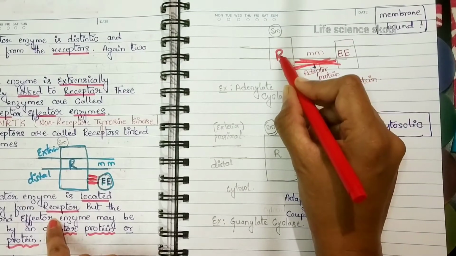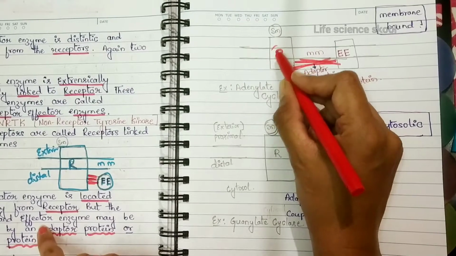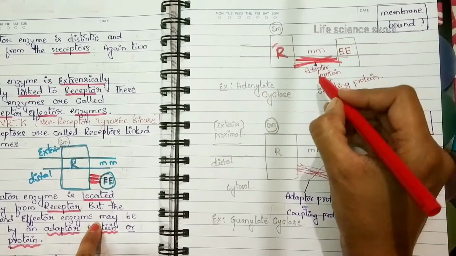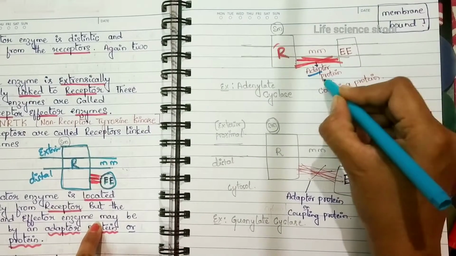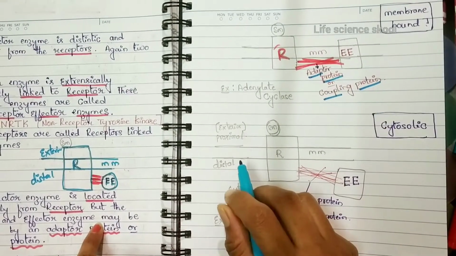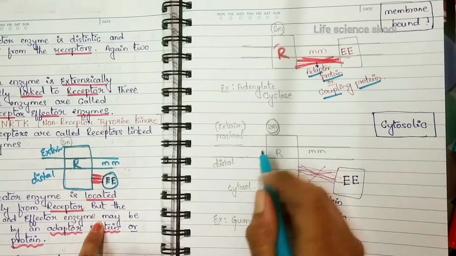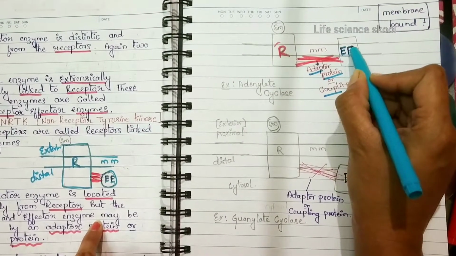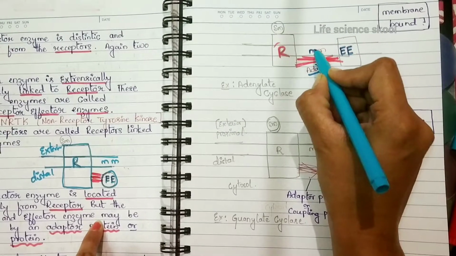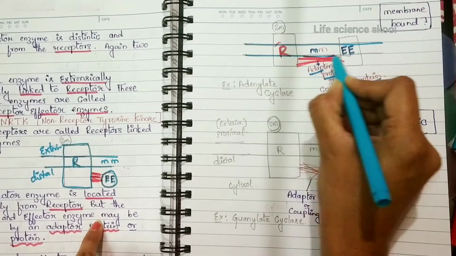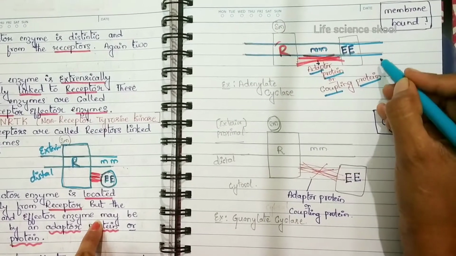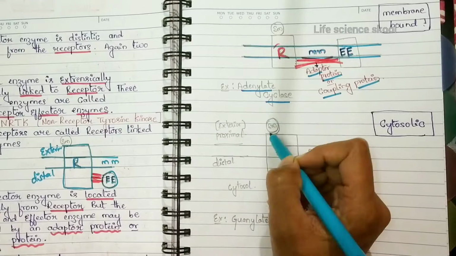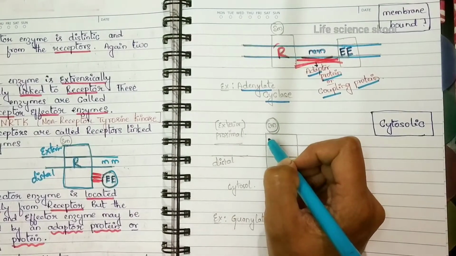But this receptor and effector enzyme may be connected by an adapter protein. This is important here. If this effector enzyme is bound to the plasma membrane, then it is called membrane bound. An example for this is adenylate cyclase. That is the first one.